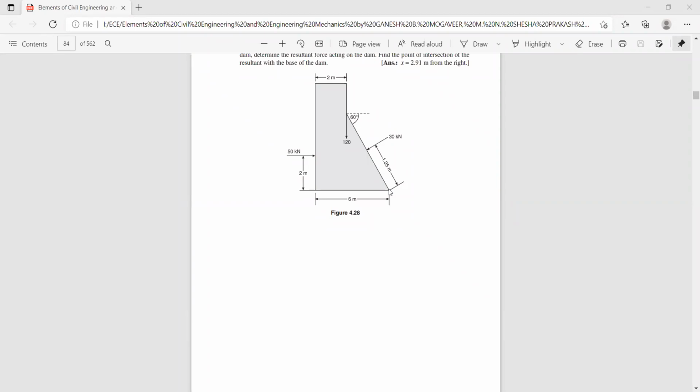How much is it? 0.625. Now we shall take the moment of all the forces with respect to this point.